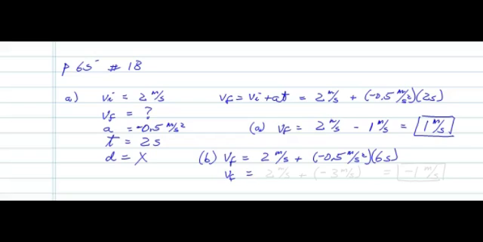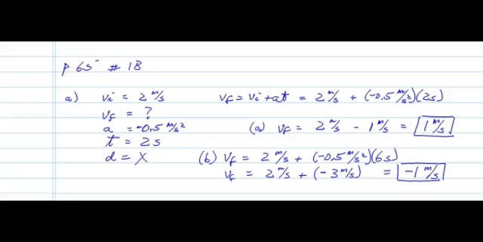So we've got 2 meters per second plus half of 6 is 3, so plus negative 3 meters per second. 2 plus negative 3 is negative 1 meter per second. At the end of 6 seconds, it's rolling at negative 1 meters per second.